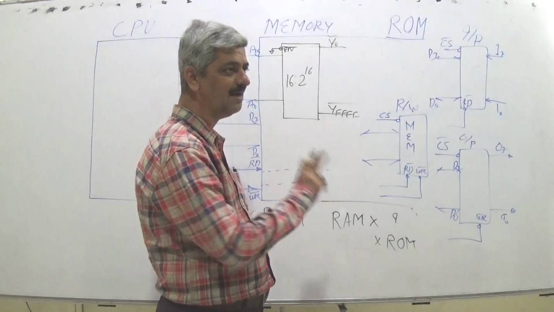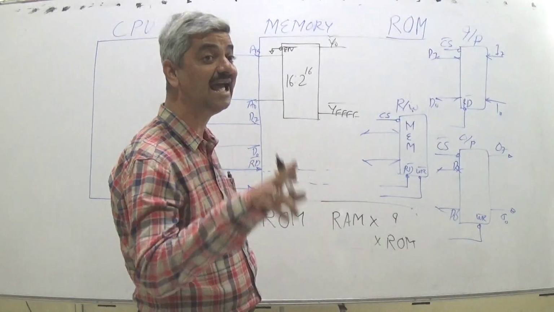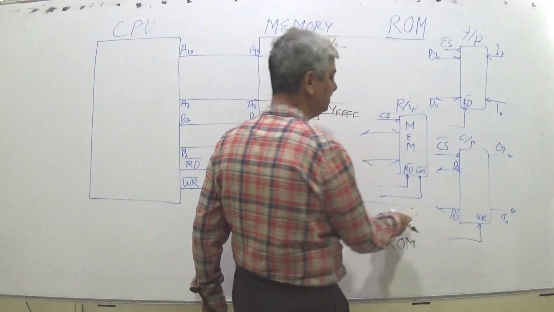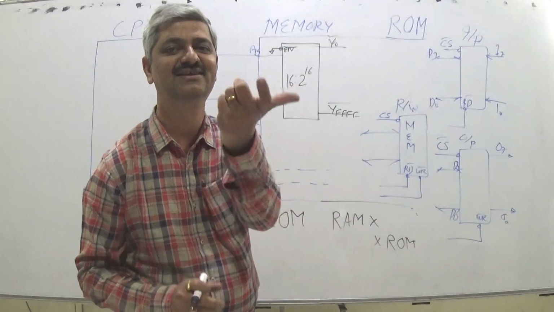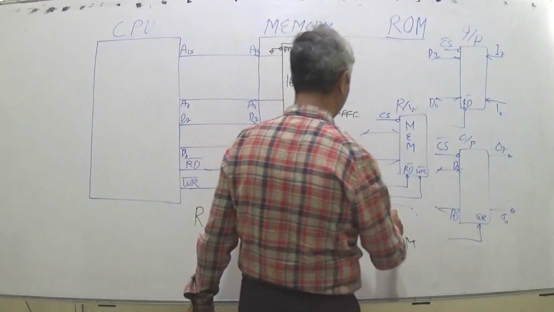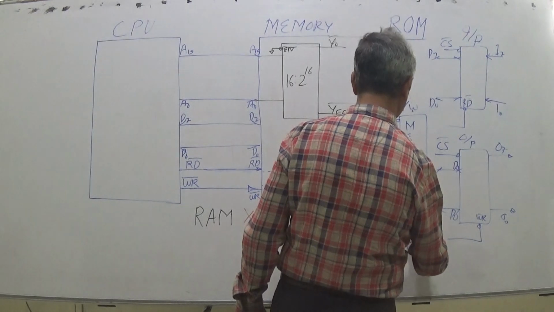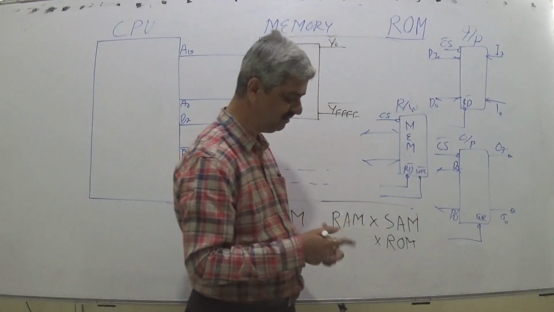The word opposite to RAM is SAM, sequential access memory. You may be aware that some kind of cassette is sequential access memory, where access time depends upon location, whereas for RAM access time is uniform.